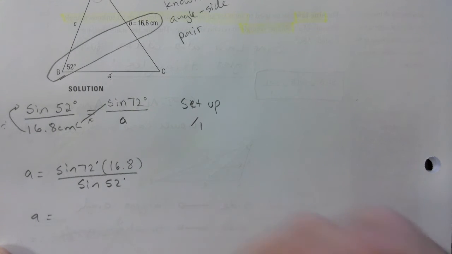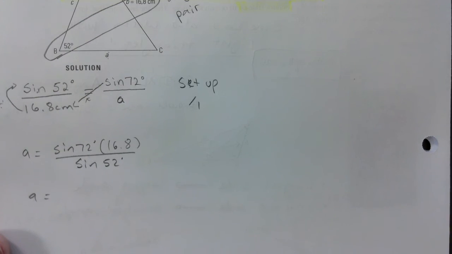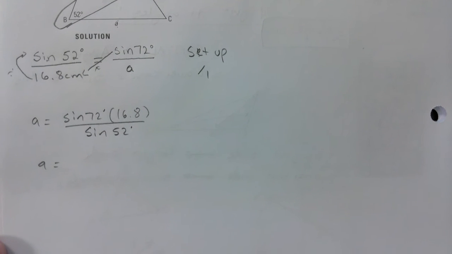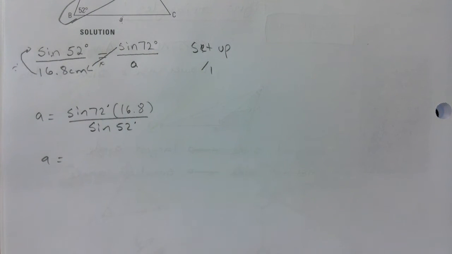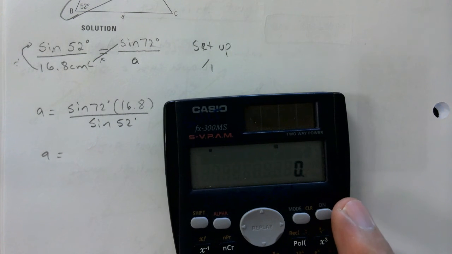Now we're going to have to make sure we all have our calculators, first of all, set to degrees. If yours is set to grad or rad, you don't want that, because gradians is not what you want. So we want to make sure there's a D or a DEG at the top of your calculator.